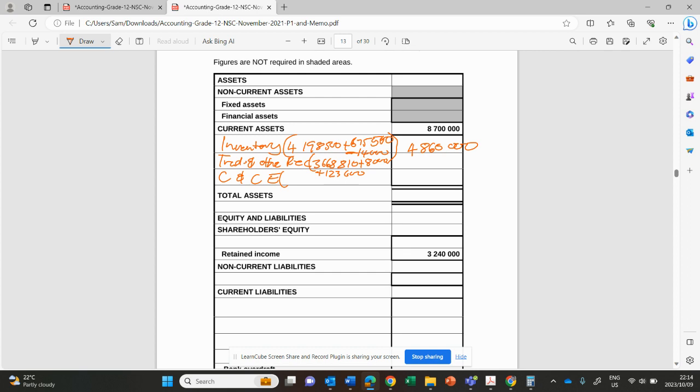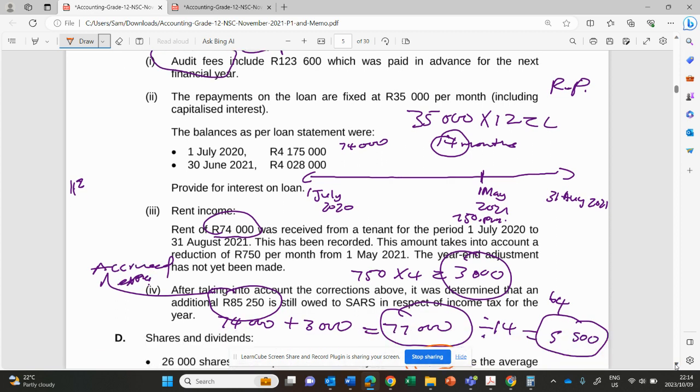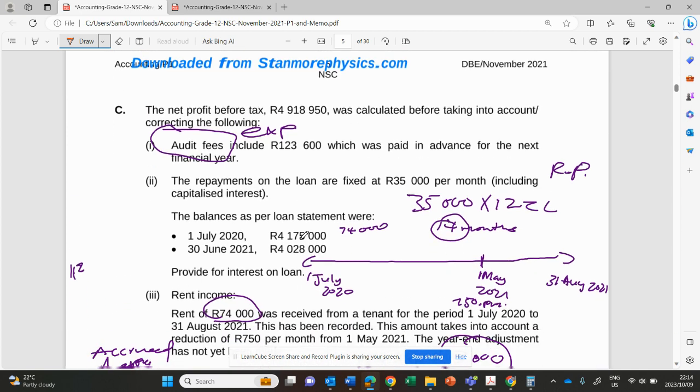You add it here. I'm not sure if it's done. Then what about this rent income? It was a liability. Okay.